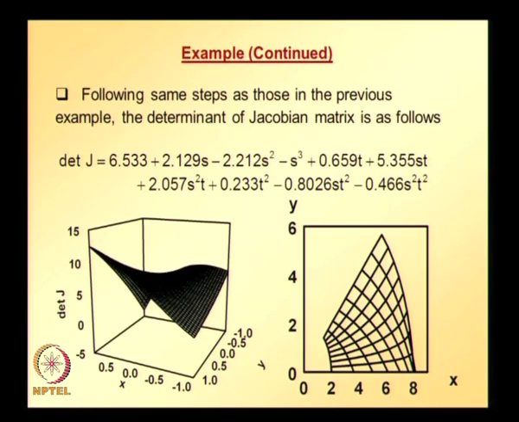So, in the next class we will see what the guidelines are for proper modeling with isoparametric elements, guidelines for placement of nodes and also the angle between the edges of elements.